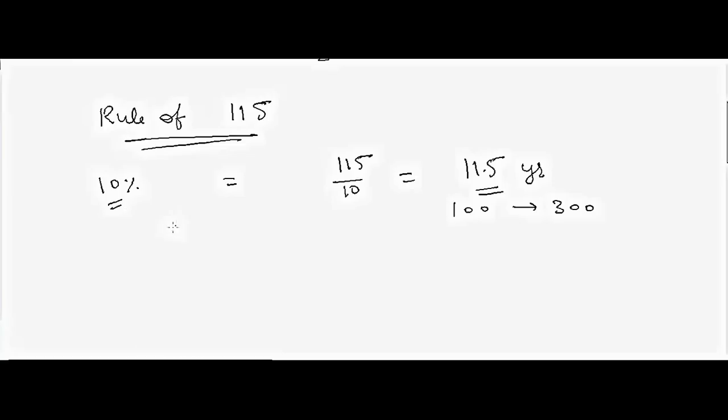And in the same way, if it's 20%, then it would be 115 divided by 20, which is equal to 5.75 years. So this is an approximation you can do when you want to triple your investment.